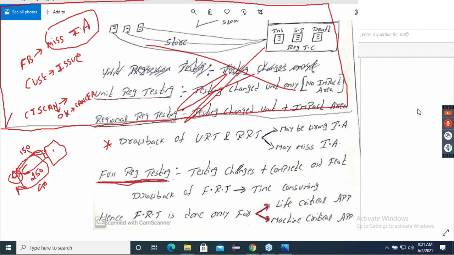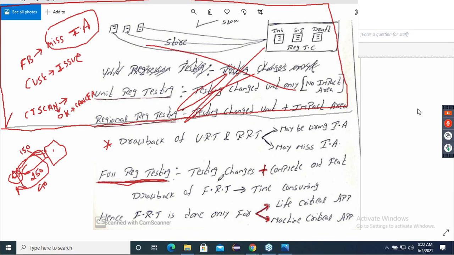In this, you are going to test whatever is the customer change, obviously you have to test it, along with that, test the complete old features.